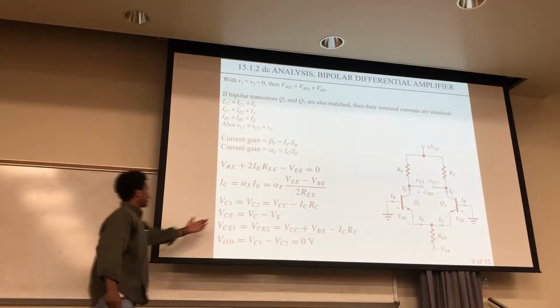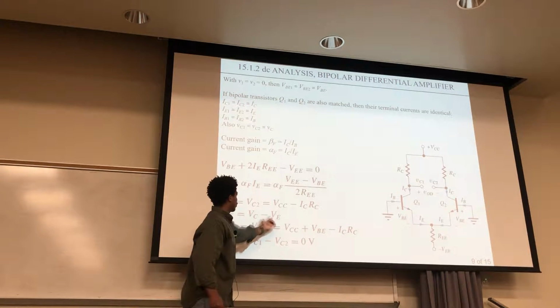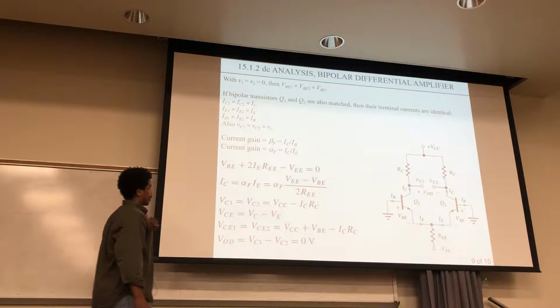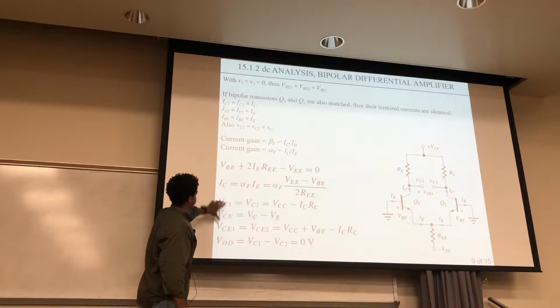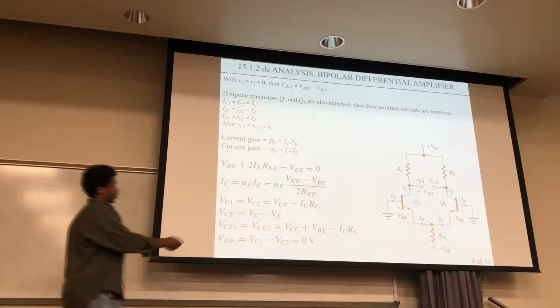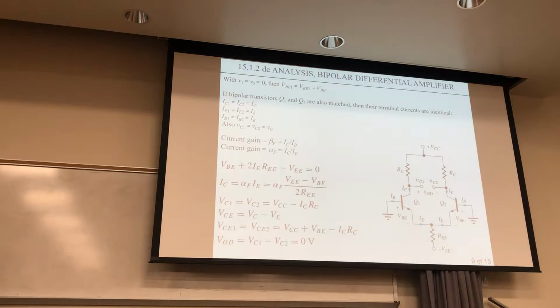Now this right here, this VCE is just the difference between these two voltages. And this one is just like this one right there. Okay, but just for the other side. Okay, so that's the relationship. Again, this stuff applies here if we're going to assume that these things are symmetric and they're matched for their parameters and also their characteristics.